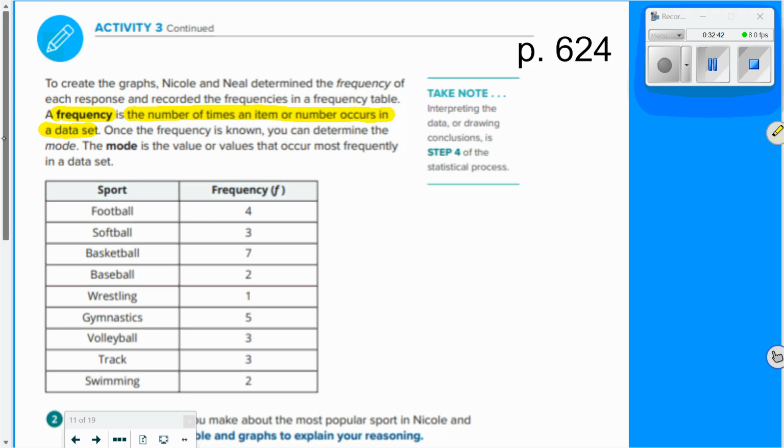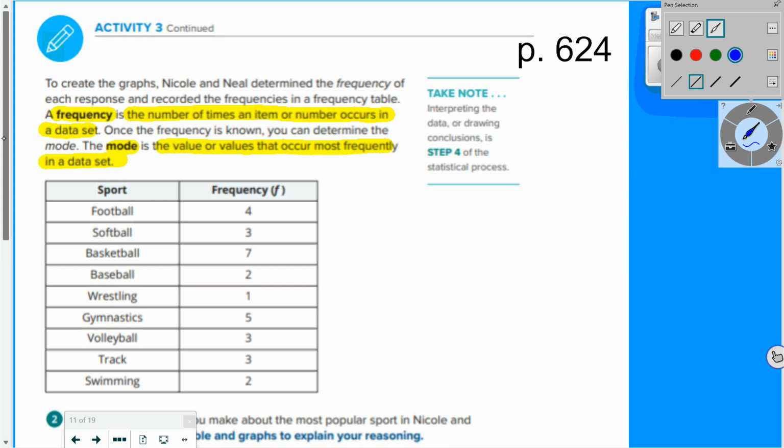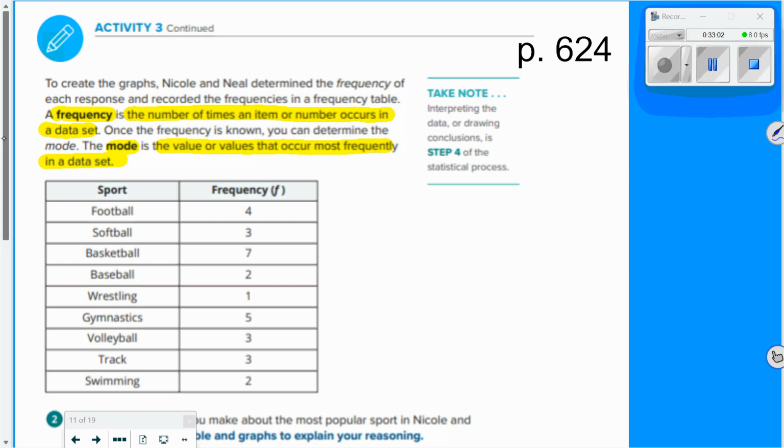Once your frequency is known, then I can determine one of our measures of central tendency, which is mode. Mode is the value or values that occur most frequently in a data set. I'm going to add to this definition because there's a piece they're missing that is really critical, and that is how many there may be.